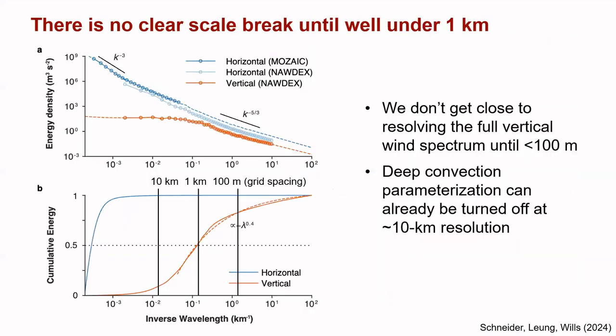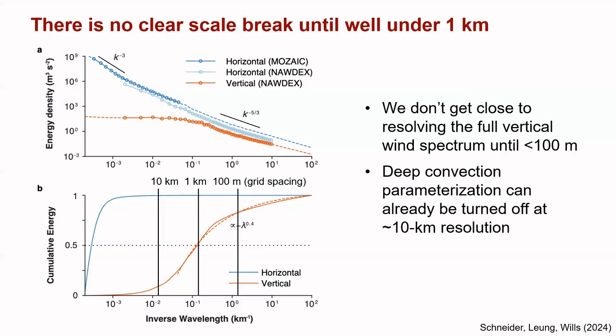There's also no clear scale break at these scales. This is showing the turbulent kinetic energy spectrum. Draw your attention in particular to the bottom, showing the cumulative energy. In the vertical is the orange, the vertical winds. You're not really getting any clear scale break between 10 kilometer and 100 meter resolution.